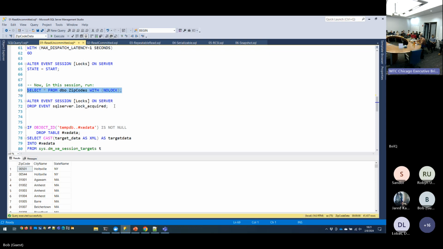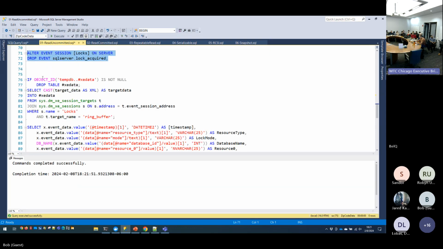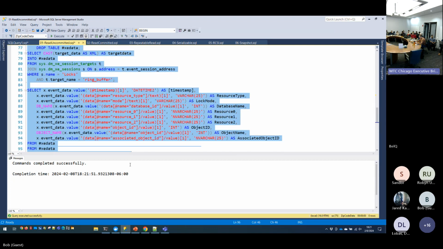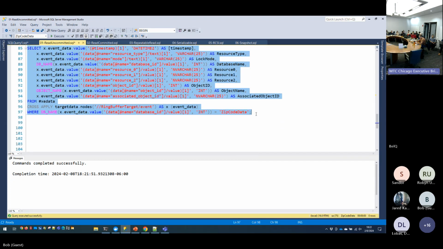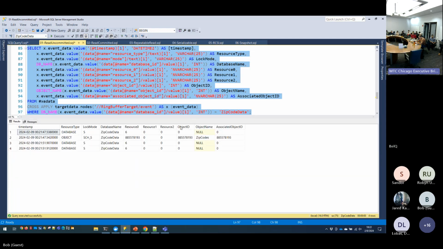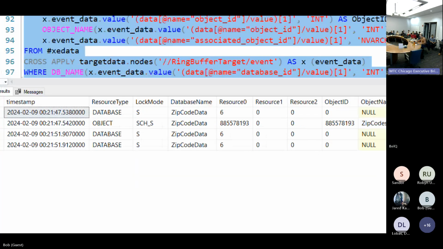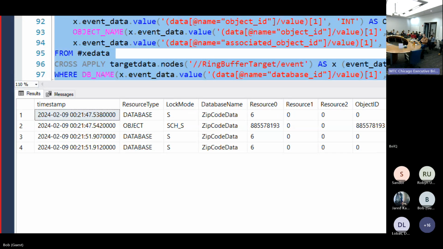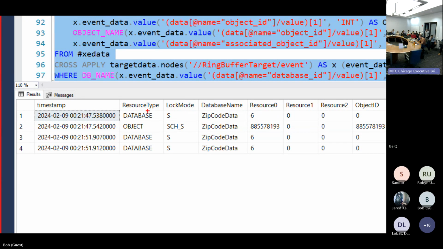Boom. Okay. I need to flush this session out so I can actually read the results. If you've never dealt with extended events before, it's lovely. It involves a whole bunch of XML parsing to read your stuff, which is why people generally don't like it. But here's what we have. That whole query of the entire table only took 4 locks. And the resource type and the lock mode here are probably what we care about the most.